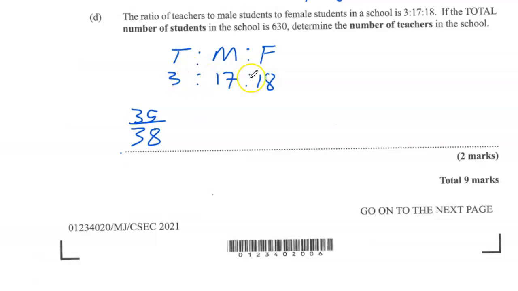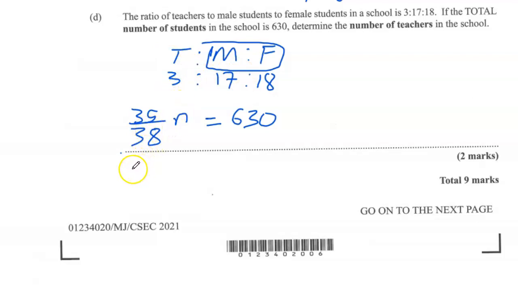Teachers and students, you get 38, and students would be male and female students. So 35 over 38 of the number of persons in the school gives us 630, since the number of students is 630. The number of students is 35 of the 38.